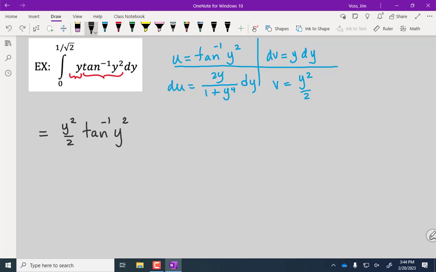So UV, and now the limits of integration here are 1 over root 2 to 0. Minus the integral of v du, we get y cubed over 1 plus y to the 4th dy. And these limits are 0 to 1 over root 2.